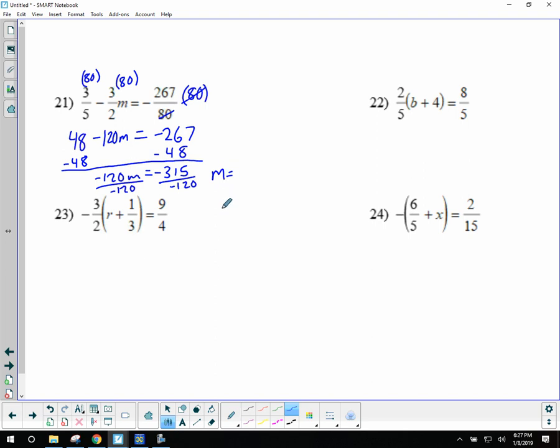Got a fraction. Oh, I know why. That's what I thought. Guys, you're going to get a decimal like 2.625. When we do these kind of things, I want you to leave it as a fraction.